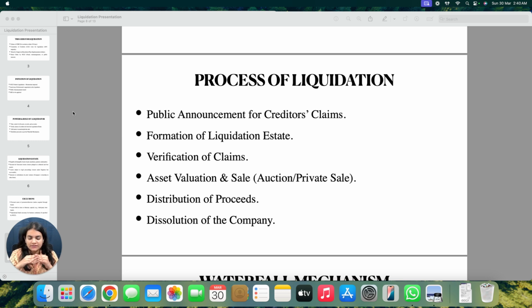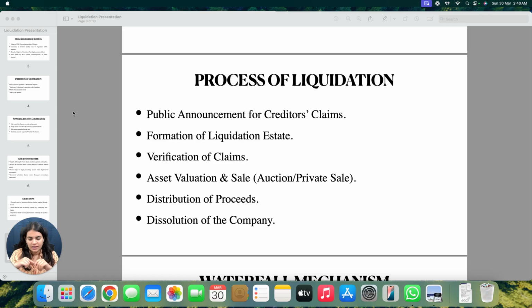So this valuation is also to be provided to the stakeholder consultation committee, and this is also included in the asset memorandum. Basing on this valuation, the stakeholder consultation committee will decide what mode of asset sale is to be opted for. So there are multiple types of asset sales.